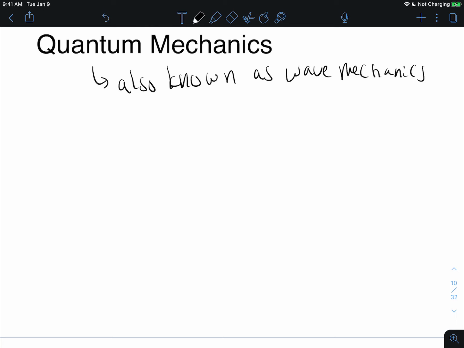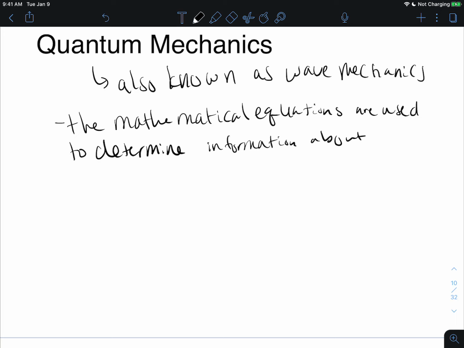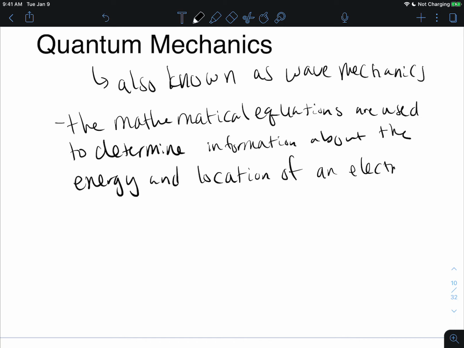Okay, and these mathematical equations are used to determine information about the energy and location of an electron within an atom.